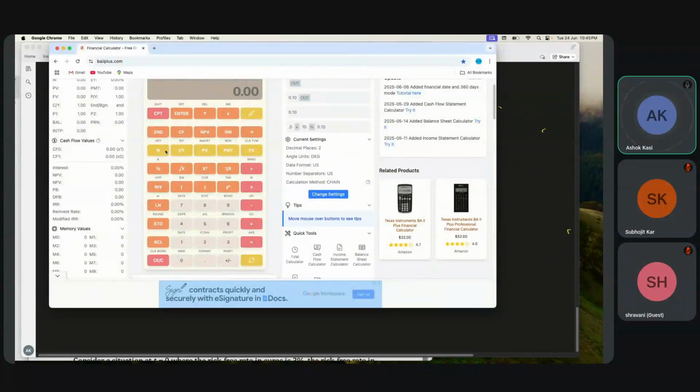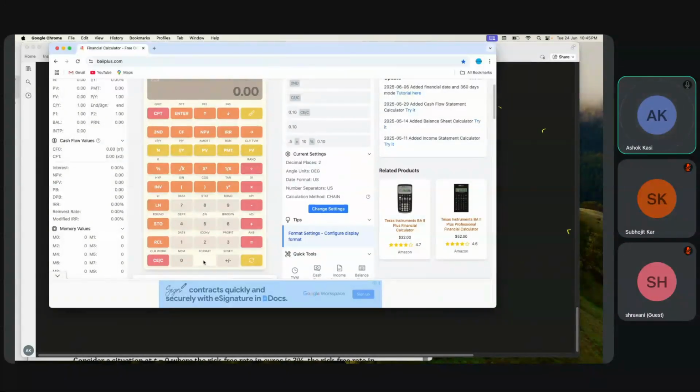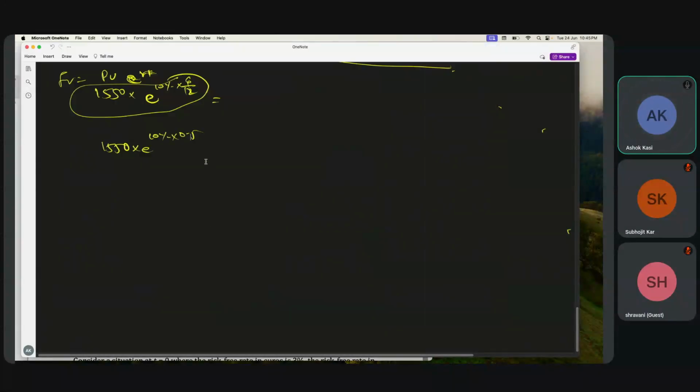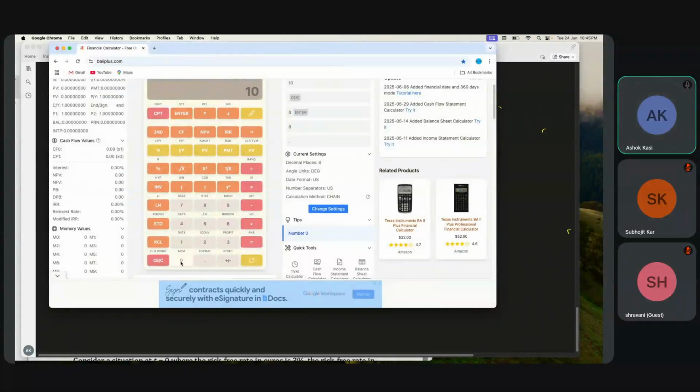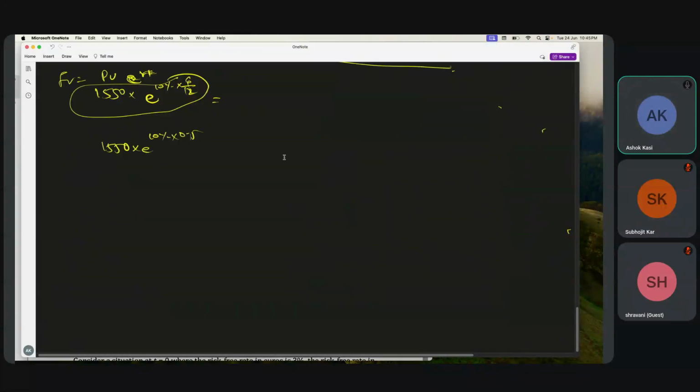Second format 8, enter. 10 percentage into 0.5, so 0.05.